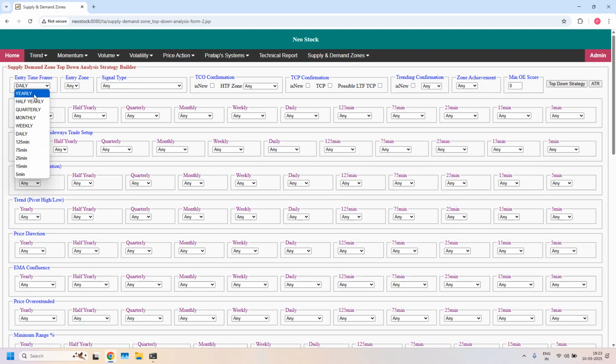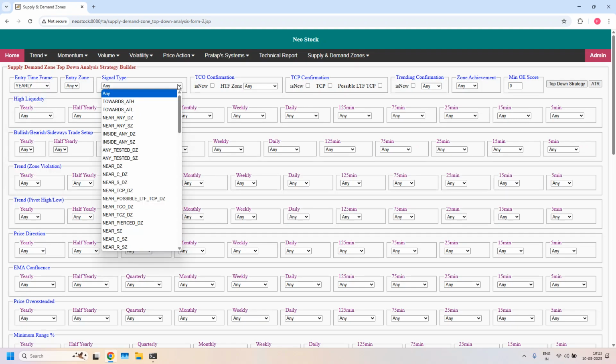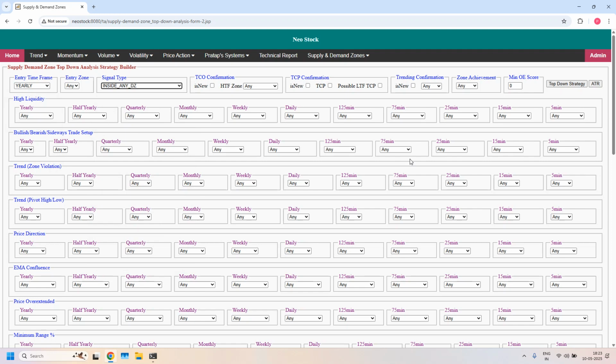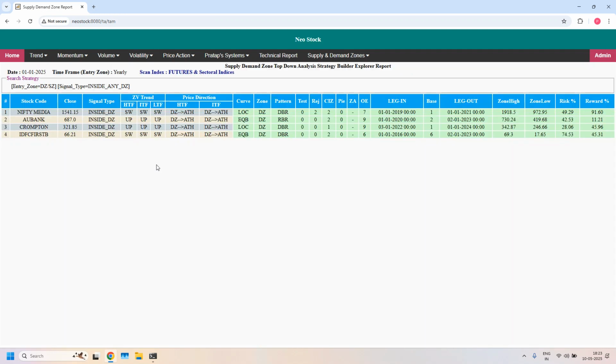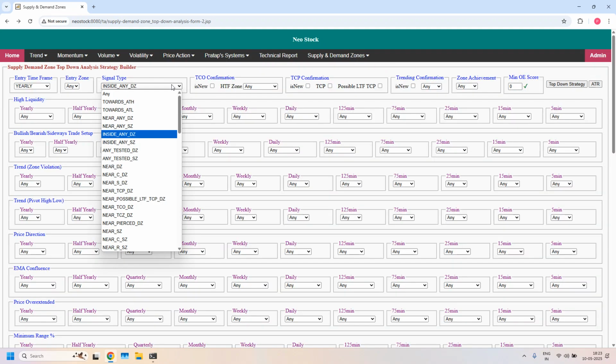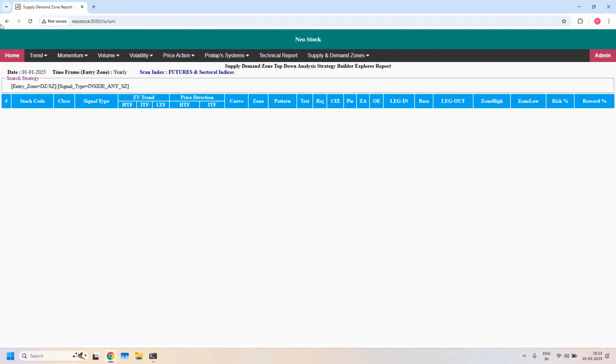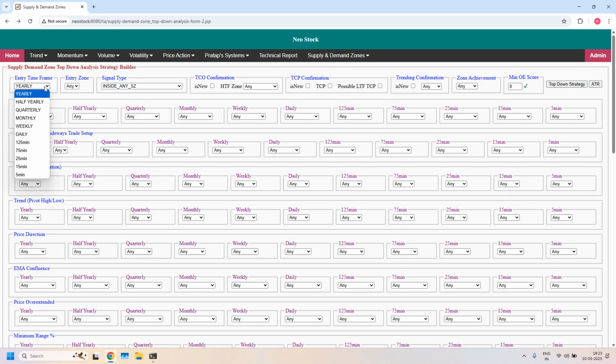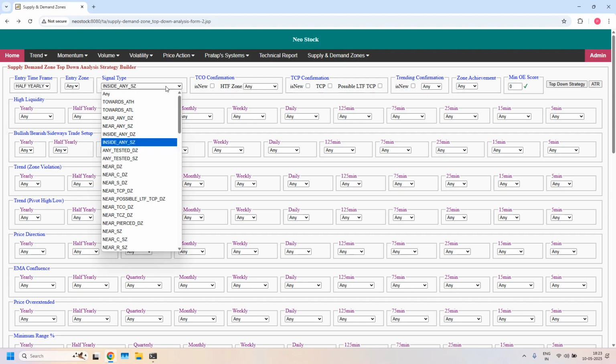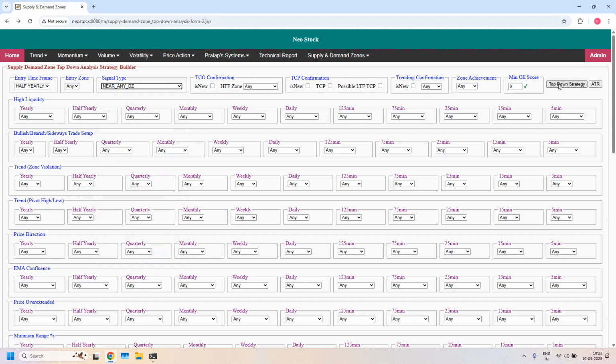So starting with half yearly time frame, price closed inside the yearly demand zone, we got 4 stocks. Next, price closed inside the yearly supply zone, no stocks are available. Next time frame half yearly, stocks near to the half yearly demand zone, no stocks.